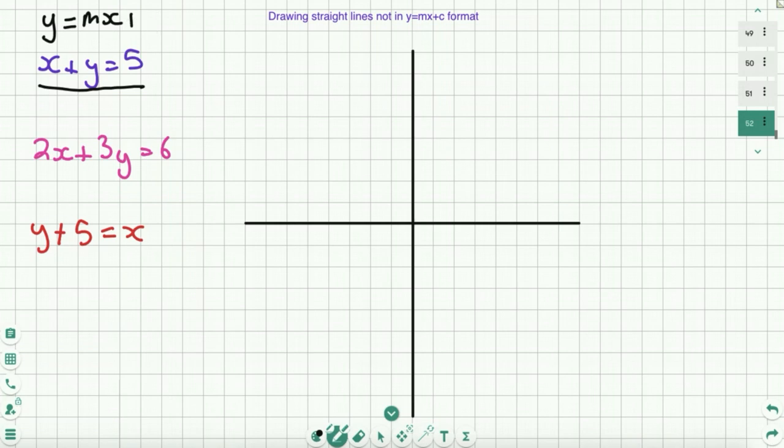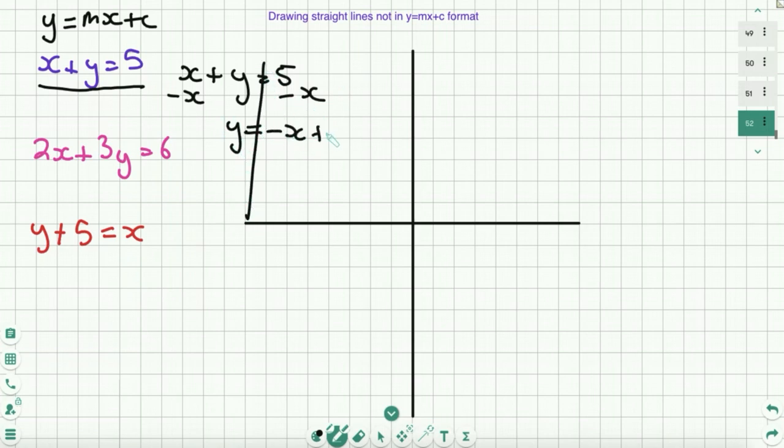Well, one option is you can rearrange the equation to turn it into a y equals mx plus c line. So our goal is to get y by itself. So what we can do is subtract x from both sides, minus x. So now we have y equals negative x plus 5.